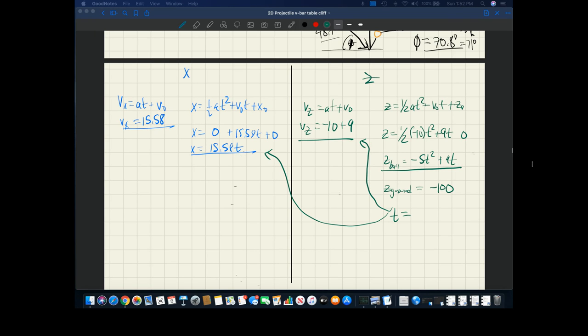So after doing our Desmos, we should have gotten 5.462 seconds, which to two significant digits is 5.5 seconds.